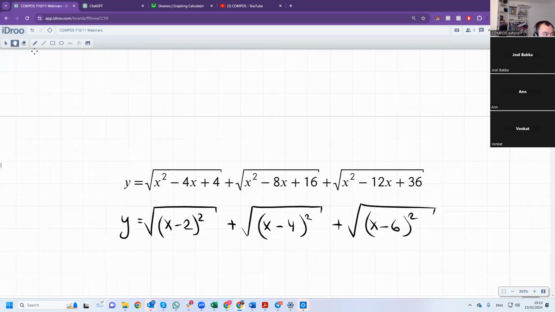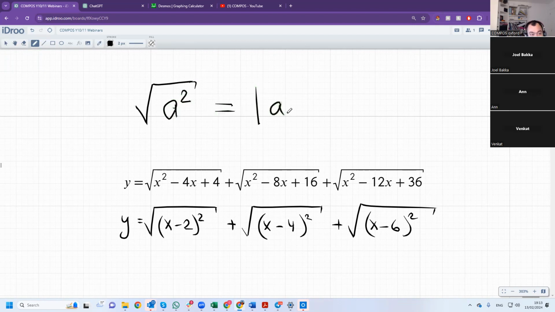Now, one thing that you need to remember, and that's one of the definitions of the modulus, is that the square root of a squared is equal to modulus a.